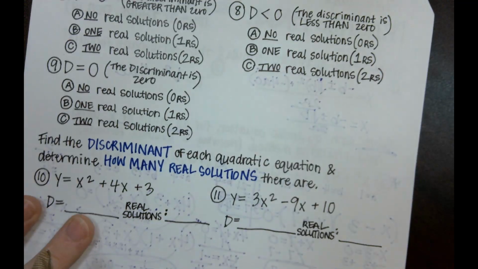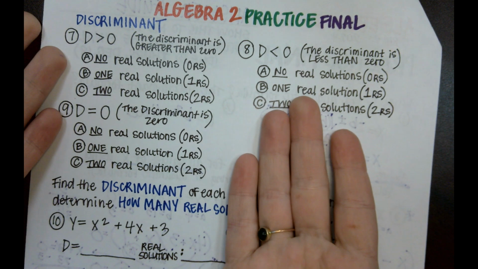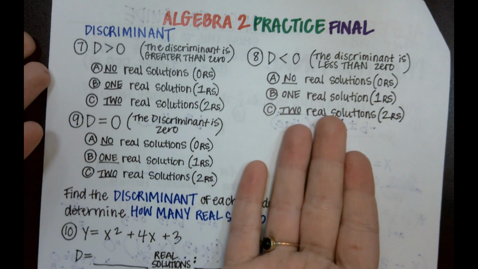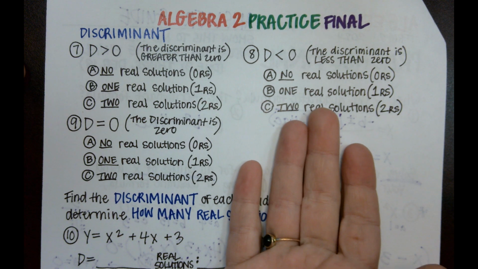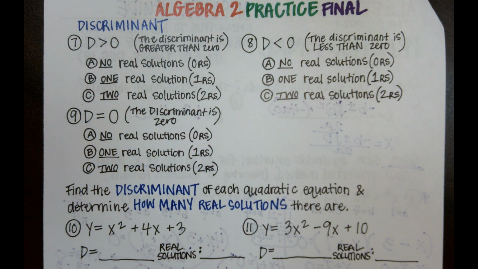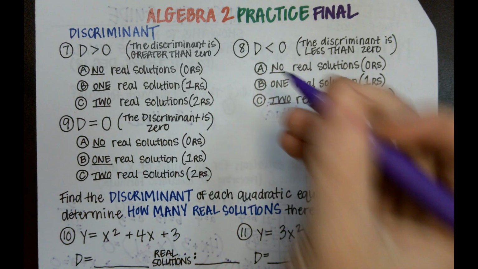All right, so now we're looking at the discriminant. This is 3 more kind of free points. If you have it filled out on your practice final, no way are you going to get it wrong on the final. This is a question that nobody missed last time around, which is great. So we're talking about the discriminant. That's that b squared minus 4ac.